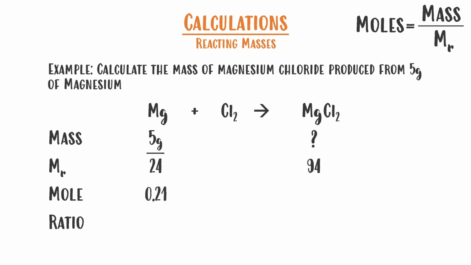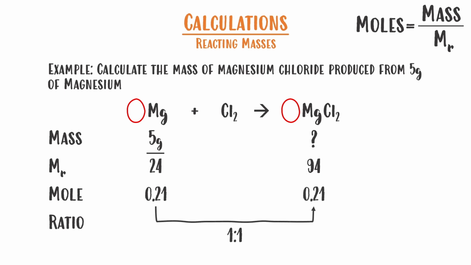And then the molar ratio between all of these is 1. So it's a 1-to-1 ratio, which means I'm also going to have 0.21 moles of magnesium chloride. And then our final step is to multiply to give us an answer of 19.6 grams of magnesium chloride.